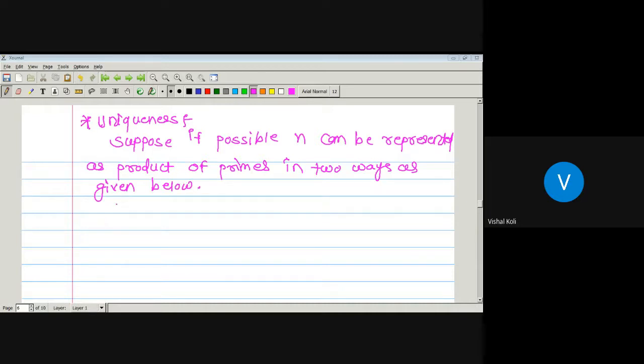That is, n is equal to P1 into P2 into up to so on PR. This will be the first prime factorization, and the second one is Q1 into Q2 into up to so on QS, where R is less than S. Take this one as equation number 1.